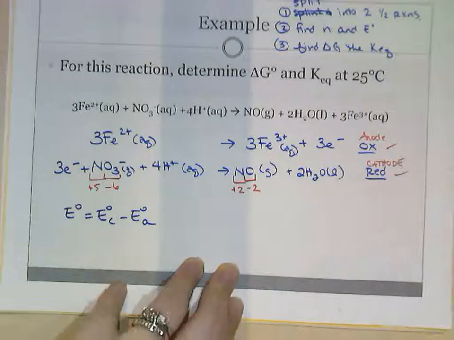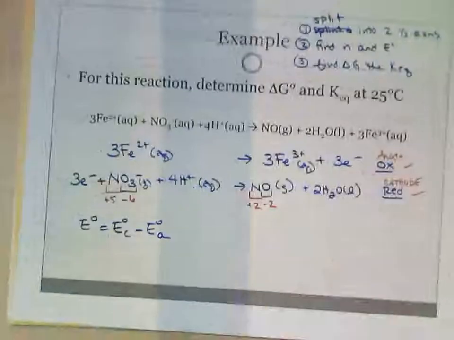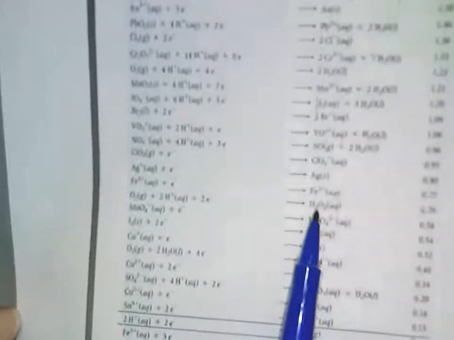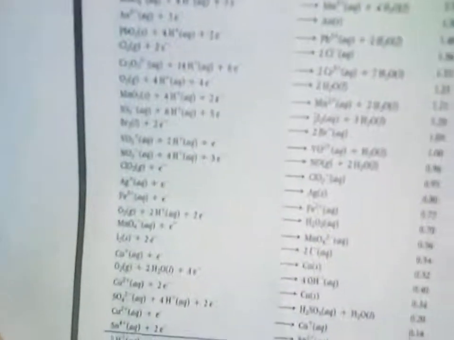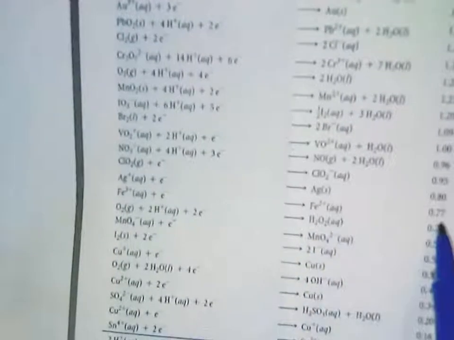All right, so then we go to our handy dandy table, which I will find momentarily. All right, so we're looking for iron +2. Iron +2 going to iron +3. There we go. Oh, almost in focus. Oh, there we go. Iron 3 and an electron going to iron 2. It's in the wrong direction.